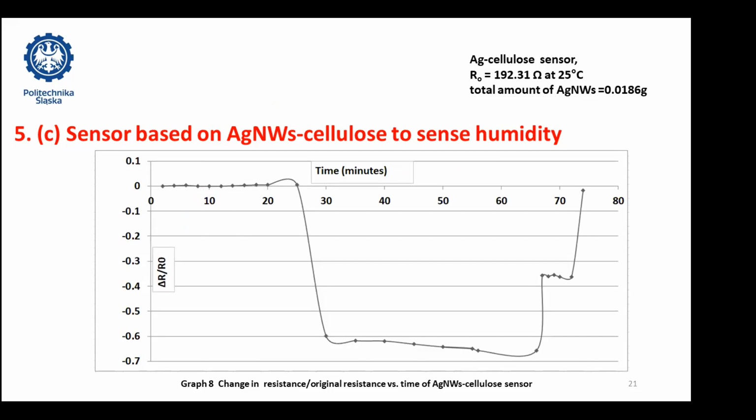Again, delta R over R naught shows a very beautiful change. There is a decrease in resistance of 65% when you expose it to humidity from 42 to 95%.